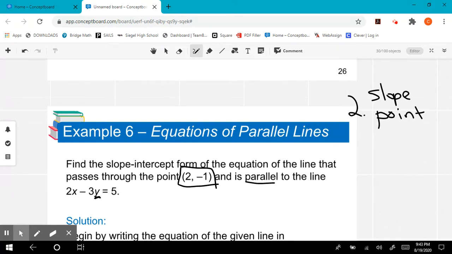We're going to subtract 2x from both sides, and that would leave me -3y equals -2x plus 5. And here is one part people miss on this problem a lot: when I subtract away that 2x, they forget to bring down the negative along with the 3y.